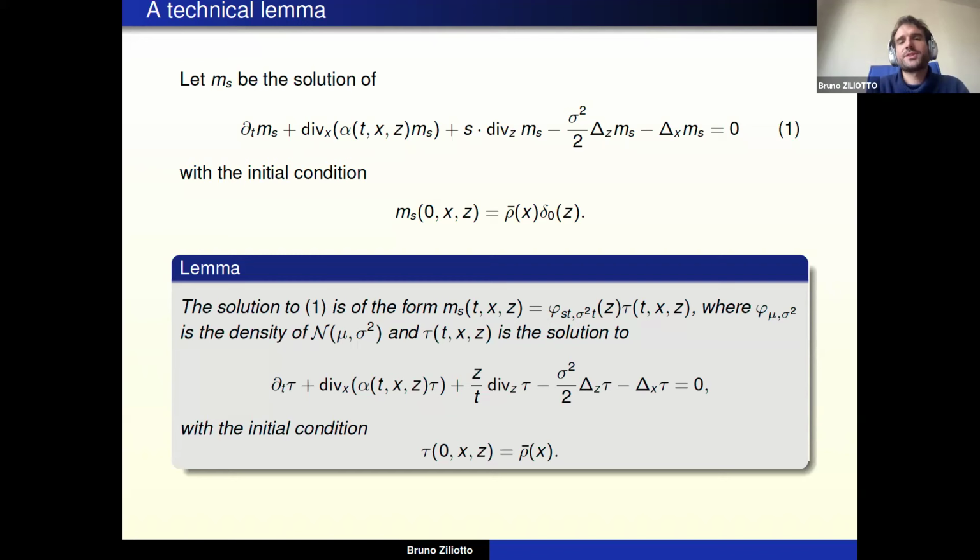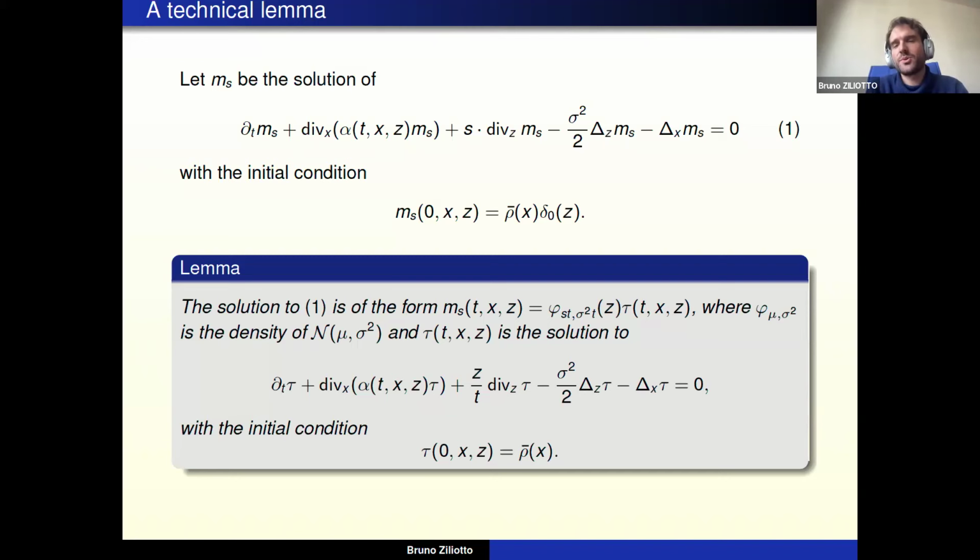So the interpretation is the following. The way you can describe m^s is: first you fix some state s, you draw z according to its distribution, which is a normal law with mean st and variance sigma square t. This phi is actually exactly the law of the signal at time t, given s.